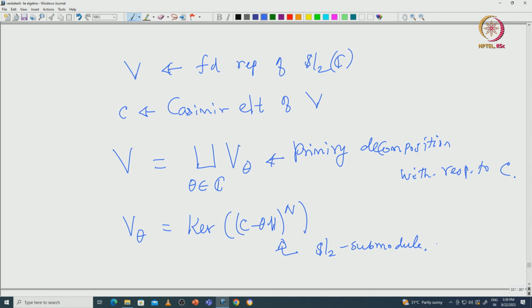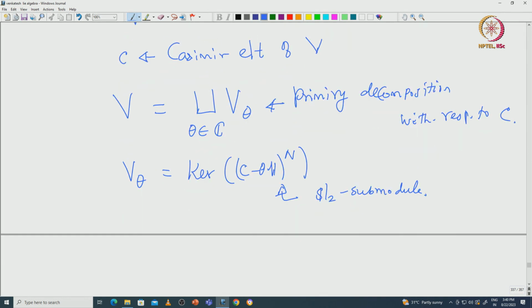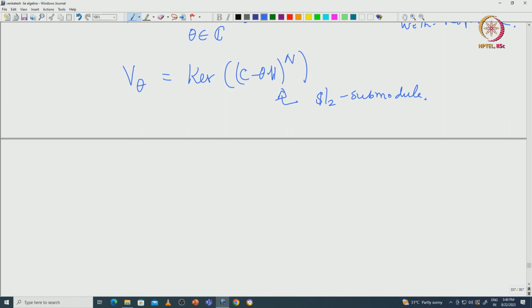So, if you are interested in proving complete reducibility for finite dimensional representations of sl2C, it is clear that we can assume this V equal to some generalized eigenspace of this C. So, what is the meaning of that? Here is the important property of this generalized eigenspace. This Casimir element C has only theta as eigenvalue on this V theta.